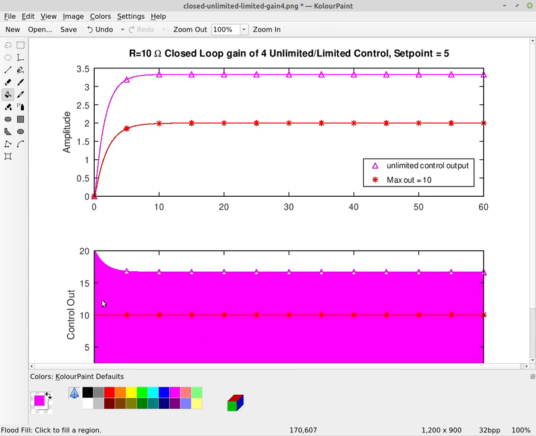And the problem is, if you think about a PLC, the analog to digital controllers that we talked about on the PLC, you remember that typically it could output a voltage between 0 to 10 volts. But this thing is wanting to go all the way up to 20 volts. You just cannot do it.